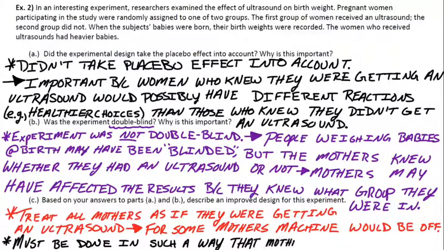This must be done in such a way, though, that the mothers couldn't actually see the screen, because if they saw the screen, then obviously they would know that they were getting an ultrasound. So one way to make sure the mothers don't know what group they're in is to go through the process of giving an ultrasound to every single mom, but make sure they can't see the screen, because some are actually going to get the ultrasound and some would not be getting an ultrasound.